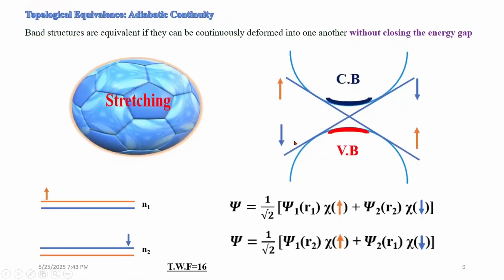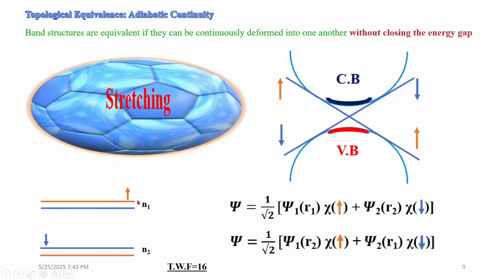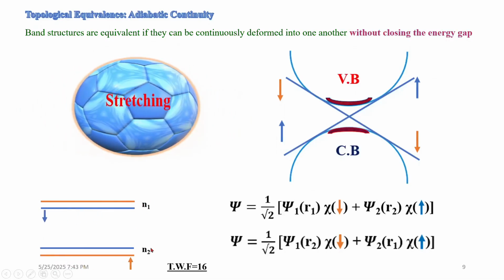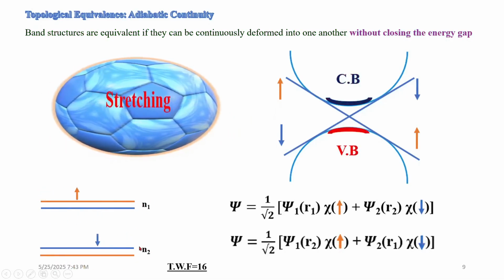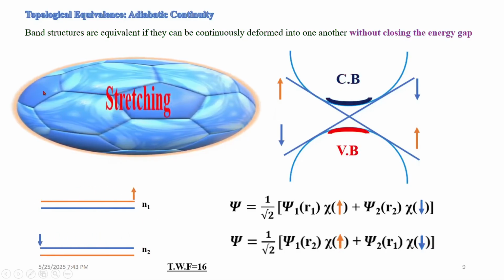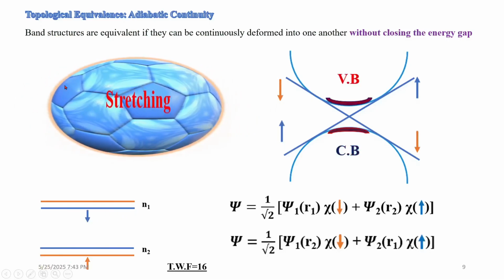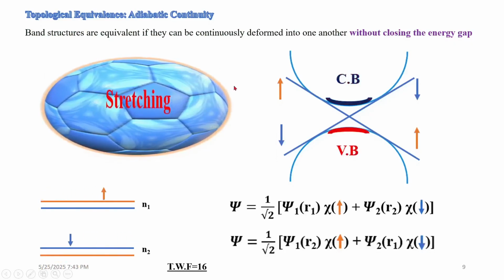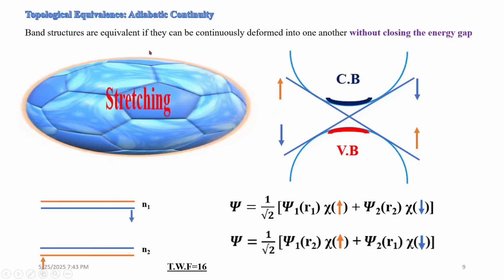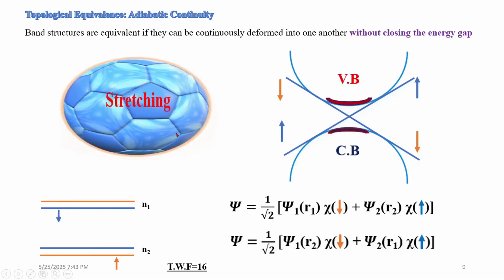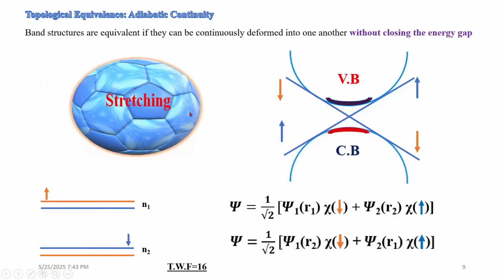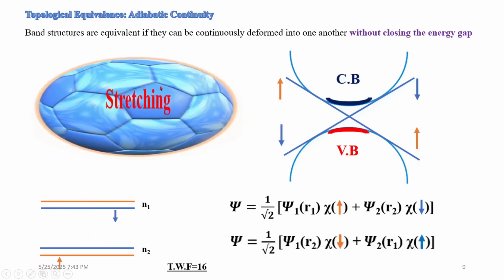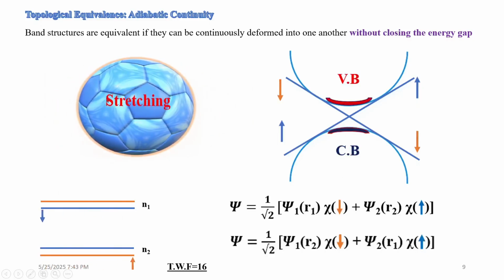More clearly, we have shown here the states, like N1 states, which are in the Kramers degeneracy, and these are also in the Kramers degeneracy. And this is the stretching of the torus under continuous deformation. We see here that under the stretching the torus changes its shape into an ellipse, but during this deformation it protects its genus, and the overall surface area under the Gauss-Bonnet theorem is 4 pi.